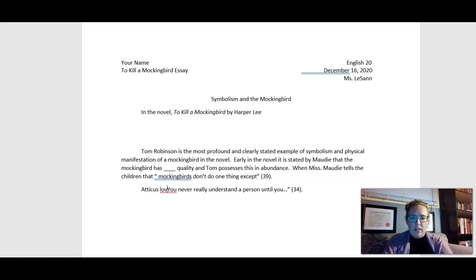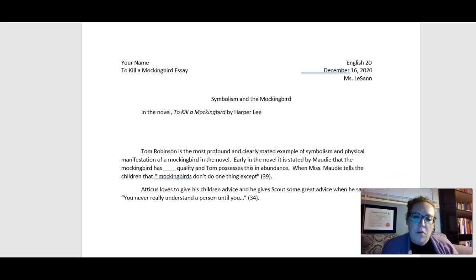Atticus loves to give his children advice, and he tells Scout, and he gives Scout, ooh, some great advice when he says, you never really understand a person until you.